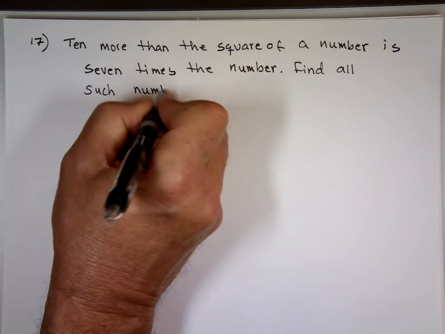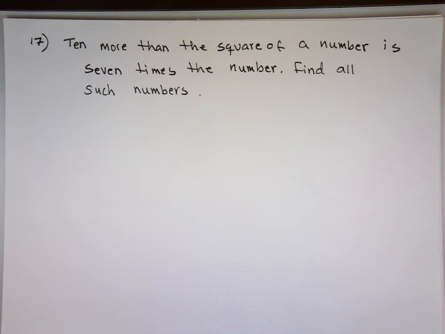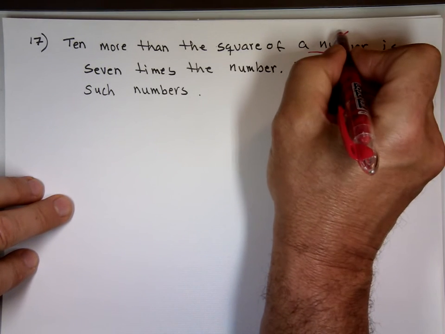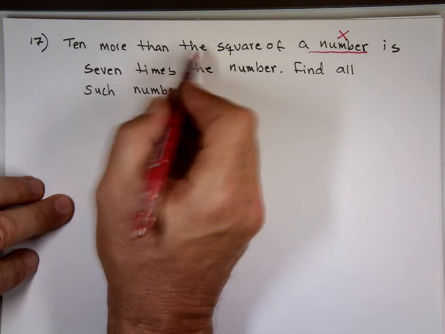Let's see. 10 more than the square of a number. Now, does anyone know what that number is? The number is unknown. Let's give it the letter X. What's the square of the number?